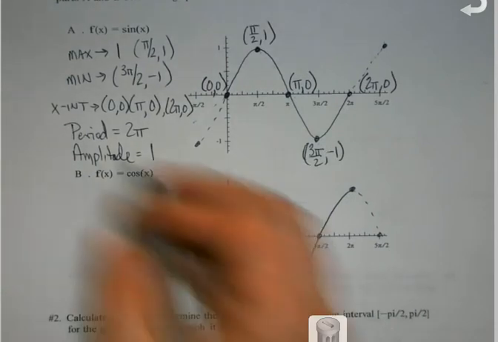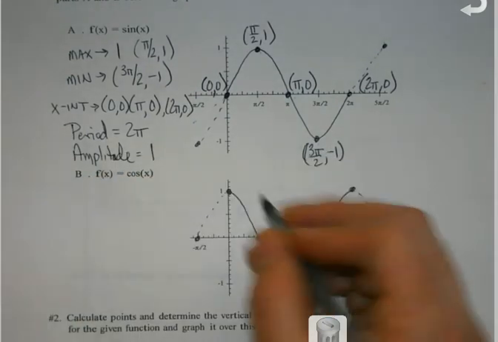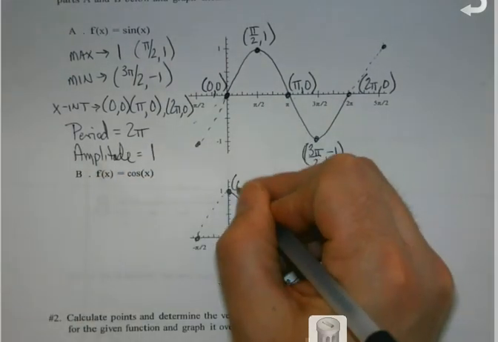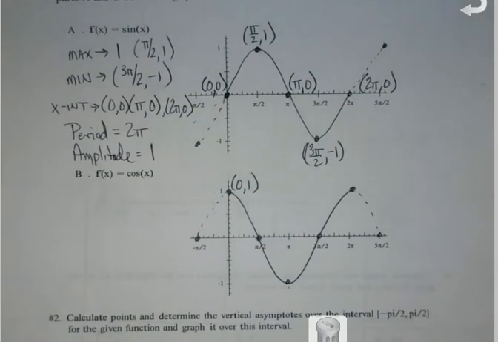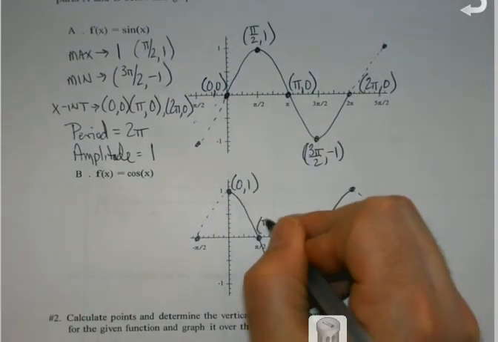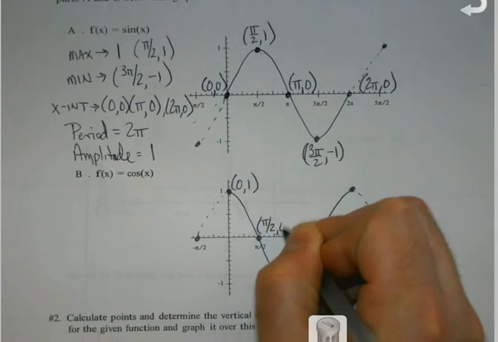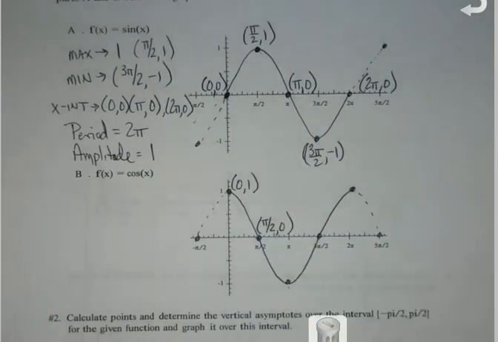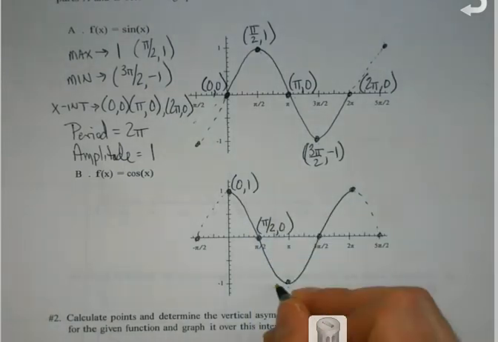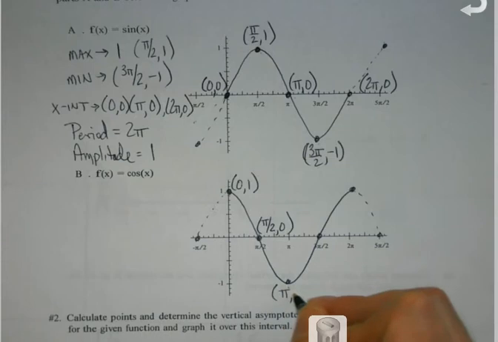When I start to do cosine, again, I can label my points. So I'd have 0, 1. We'd have pi over 2, 0. Pi, negative 1.